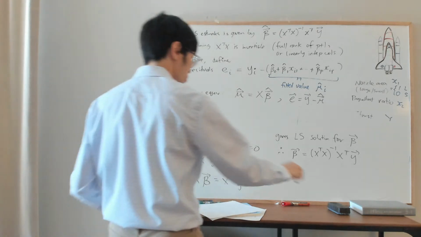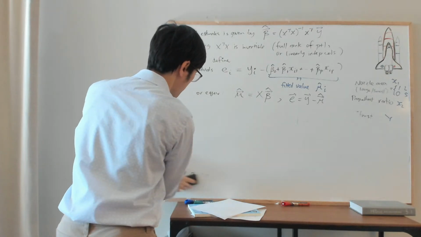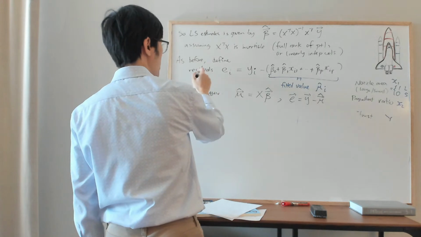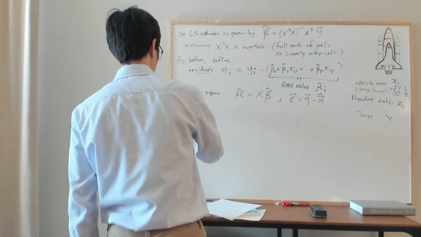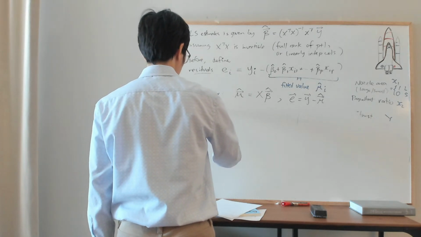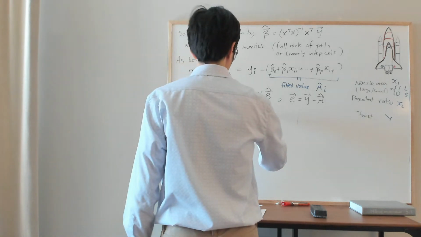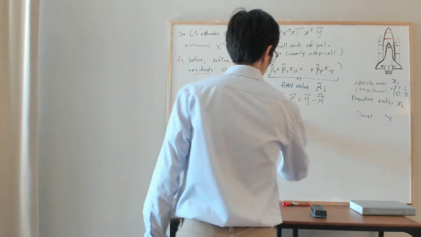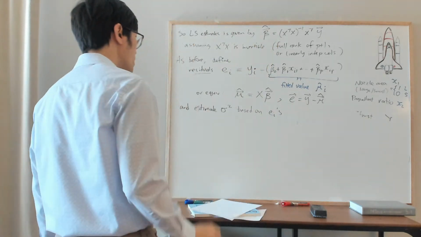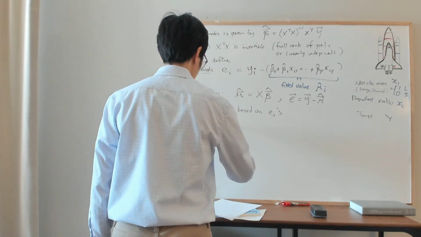That's the residual, and then we also need the estimate of the residual variance, sigma squared. We have the residuals, and we estimate sigma squared based on the e_i's. That gives us sigma squared hat.